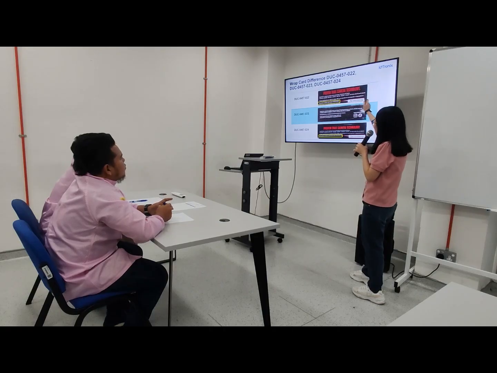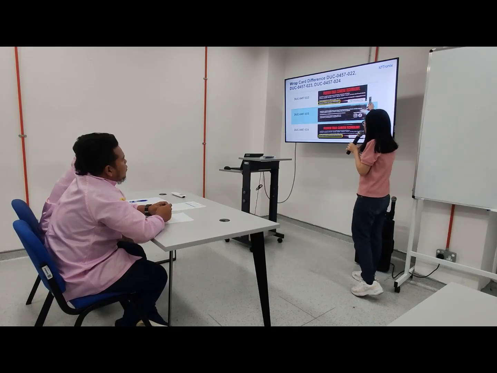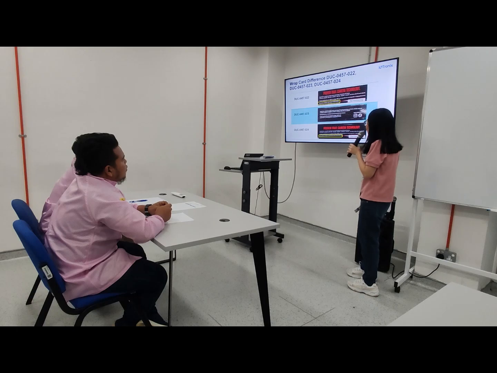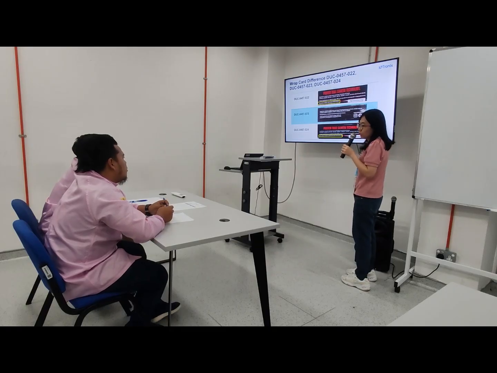Okay. For this bracket, can anyone explain what are the differences between these three models? First, for 022, there is no numbering. For 023, totally different. They got Instagram and Facebook logo. Yes. And for 024, got numbering. This one is totally different, very easy to recognize.